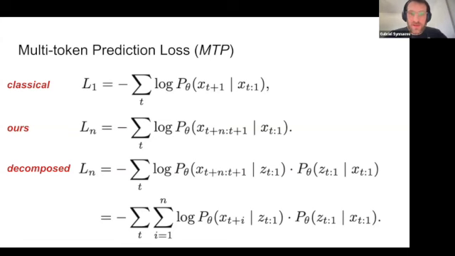And in our case, we look at the log likelihood of x_{t+n} up until x_{t+1}, knowing x_t until x_1. If you decompose that, we basically sum over the log likelihood of the decomposition of t+1, t+2, t+3, t+n, right? So that's as simple as it gets.